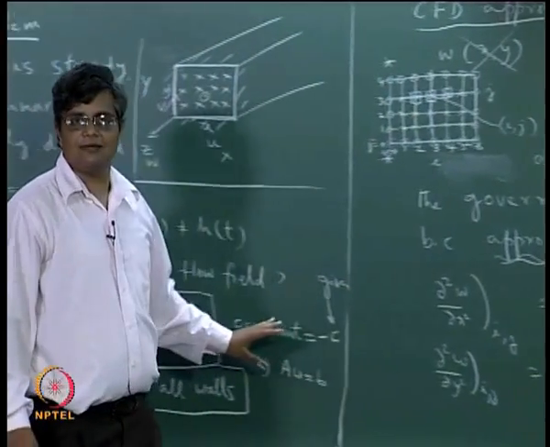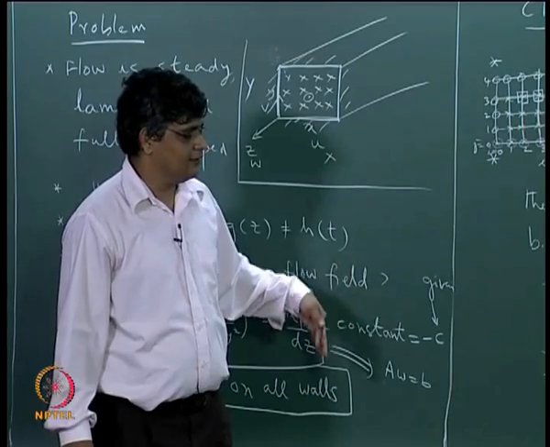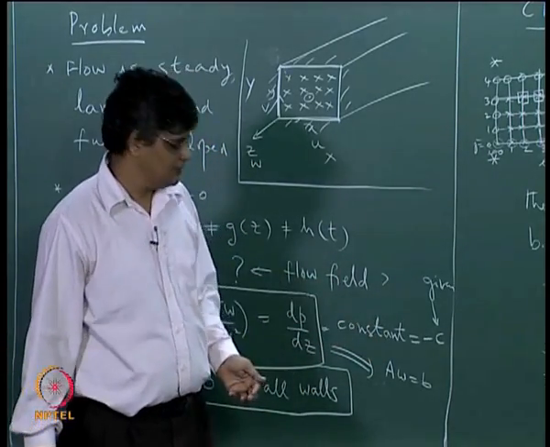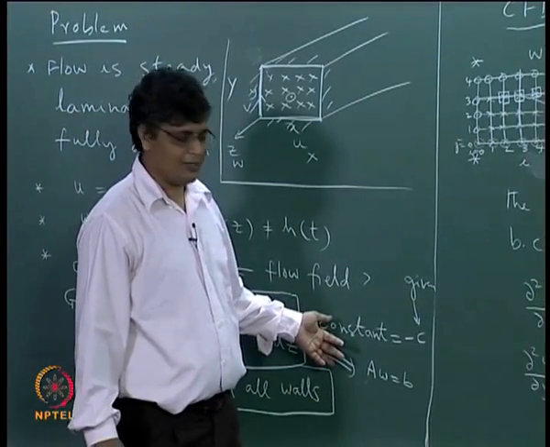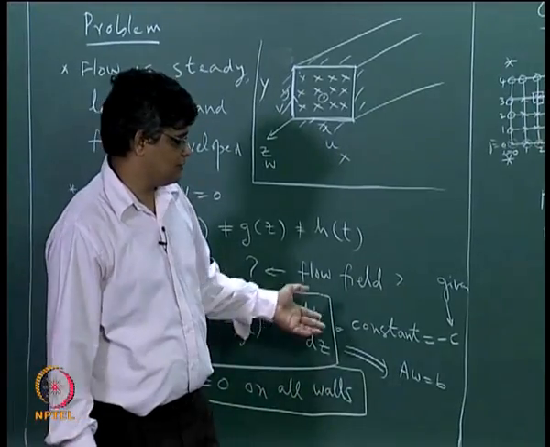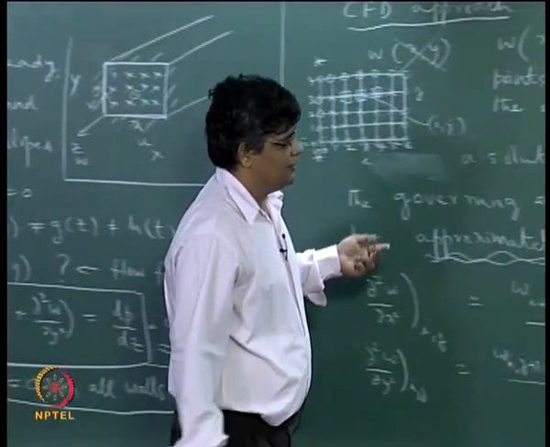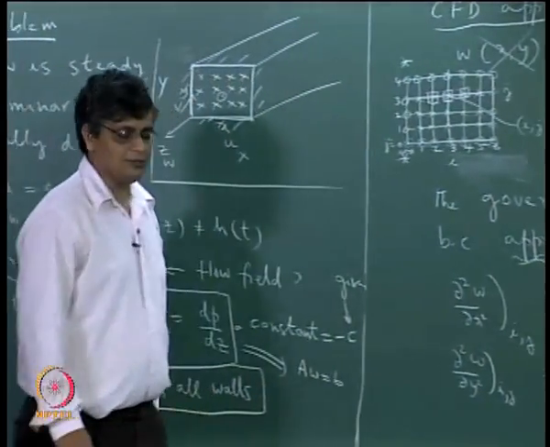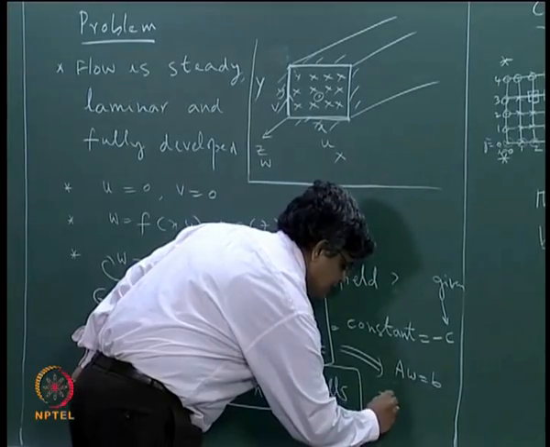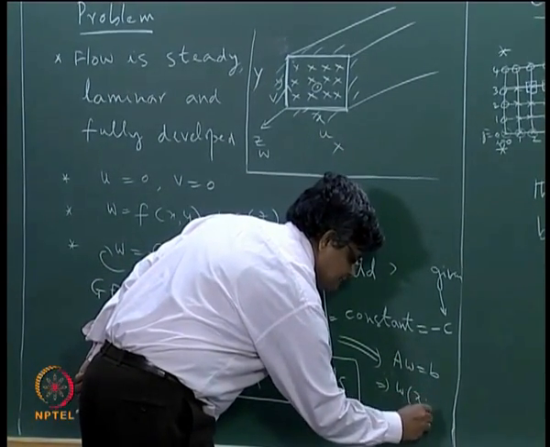And there are several methods for the solution of these matrix equations. For example, direct Gaussian elimination is one direct method which is fairly widely practiced, and then we also have iterative methods like the Jacobi method or Gauss-Seidel method and so on. So there are several techniques for the solution of AW equal to B. When we do this inversion, we can get W at xi, yj.